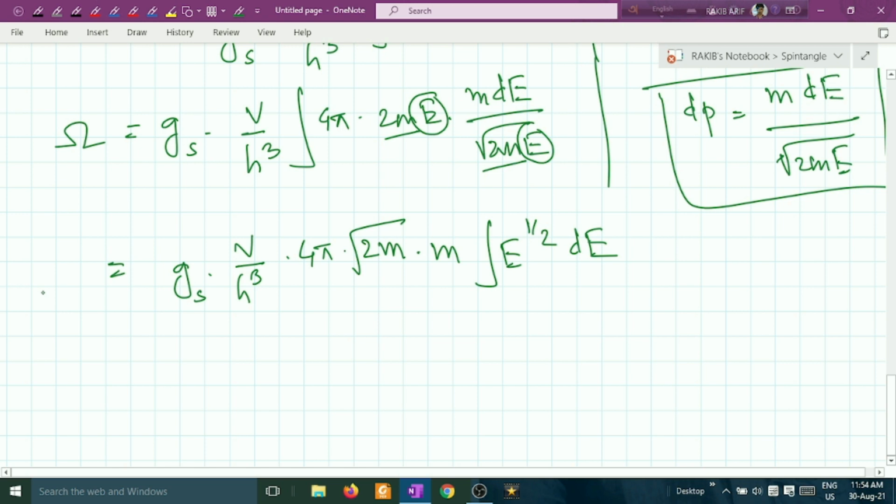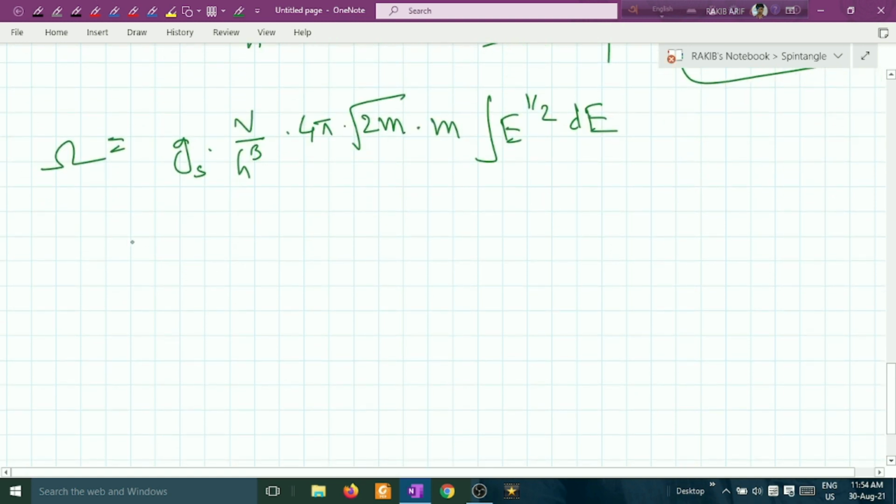Check this. I have taken the constants out of the integration.